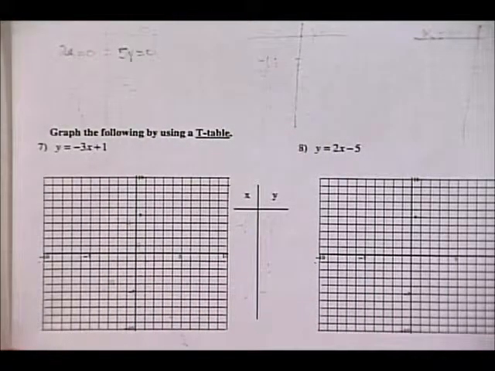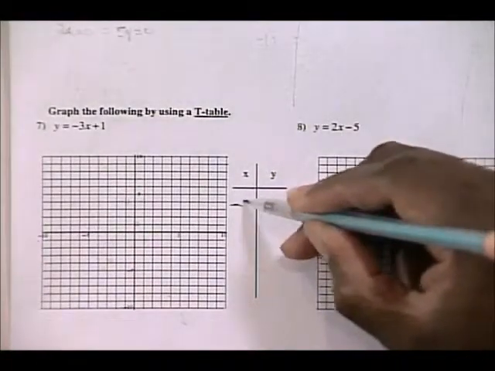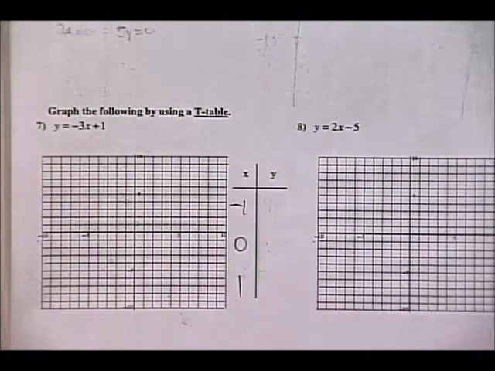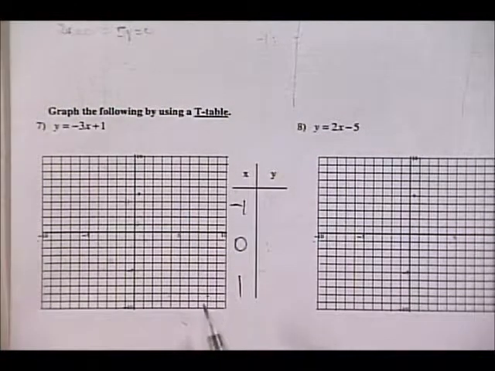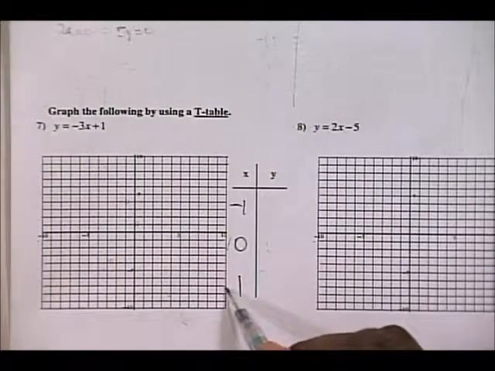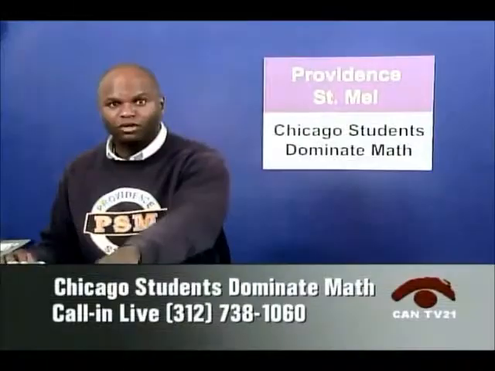You're used to putting in -1, 0, 1. Truth be told, you can put in any x values you want. You can put in -1, 10, or -4 if you'd like. You're just plotting points. It's no big deal, and you can do it. All you have to do is put forth your best effort.